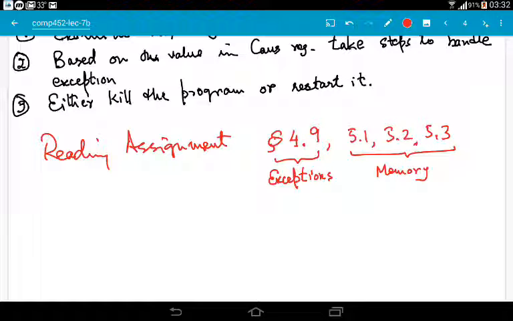Please try to answer the check yourself quiz on page 332 of the textbook. Also read the couple of elaborations. I'll not talk about those elaborations, but I can ask questions related to what is said in them. So make sure you read them. There are 2 or 3 elaborations.